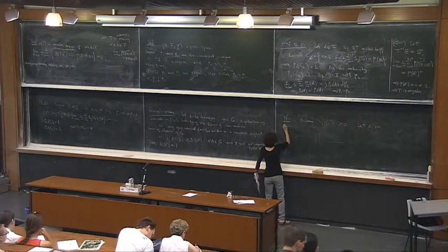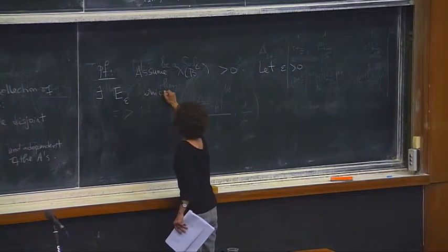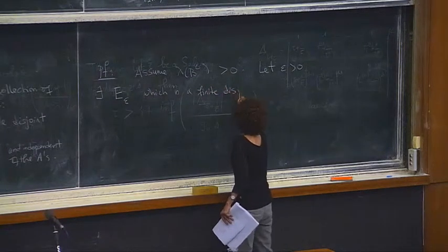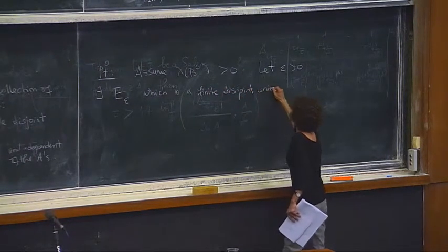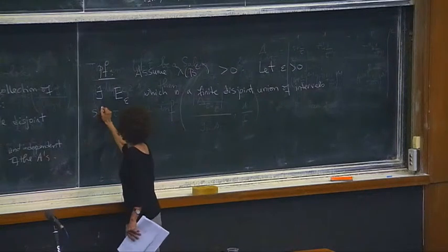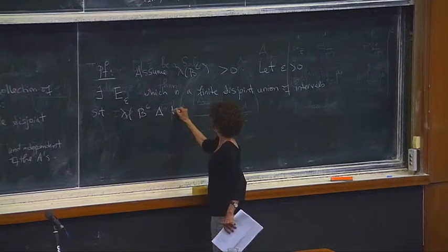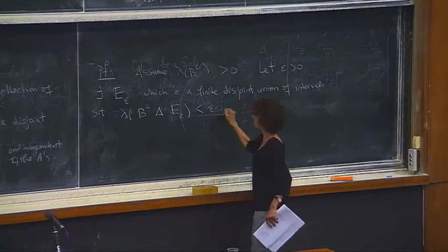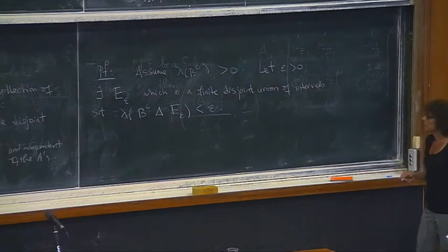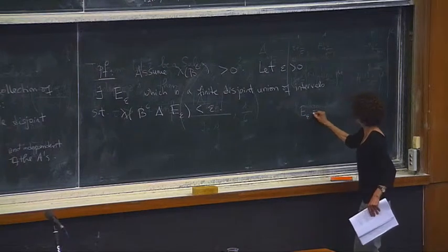There exists an E epsilon, which is a finite disjoint union of intervals, such that the measure of the symmetric difference of B complement and E is small. So I approximate B complement with a finite disjoint union of intervals.